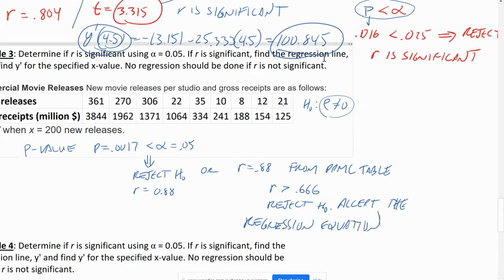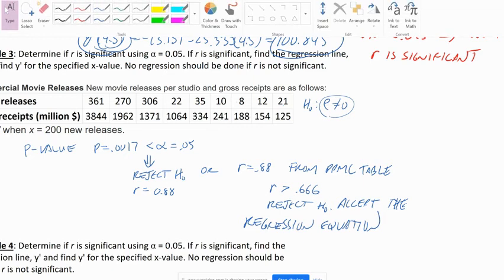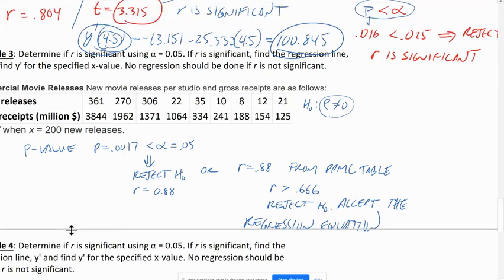We're going to go ahead and use that regression equation that we get. I'm just going to create a little more space here.